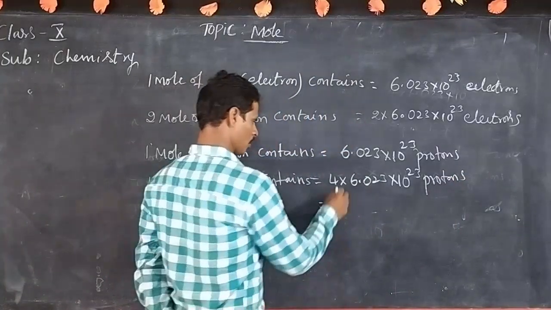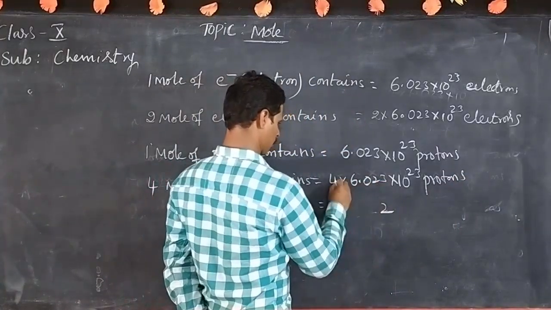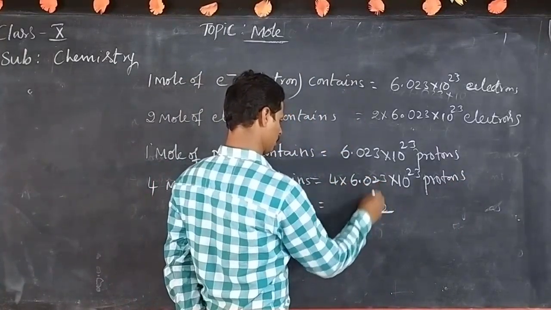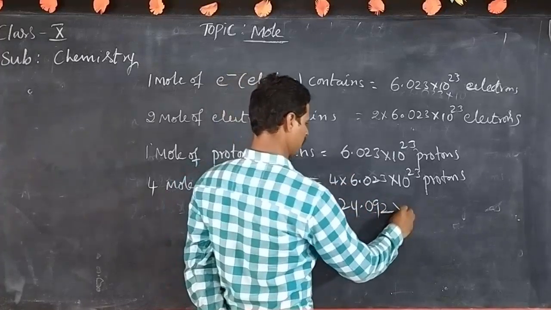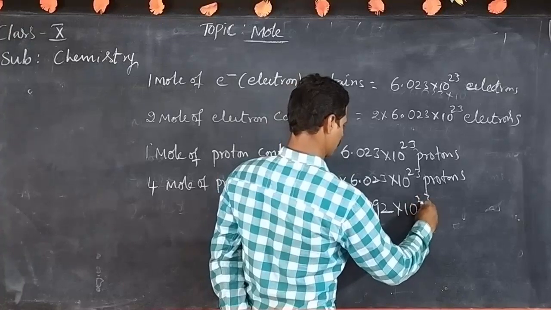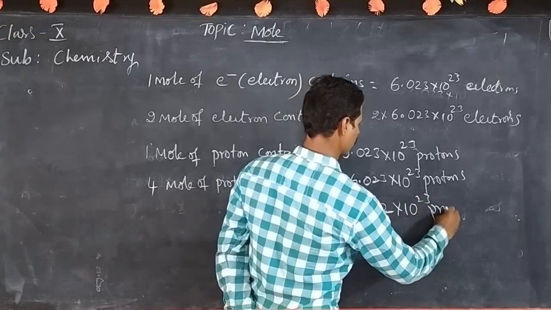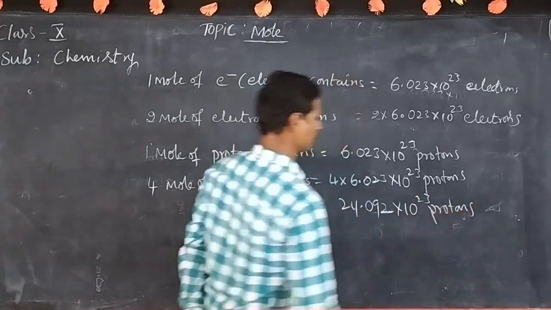That equals 4 threes are 12, 4 twos are 8, 4 into 0 is 0, 4 sixes are 24 into 10 to the power 23 protons.